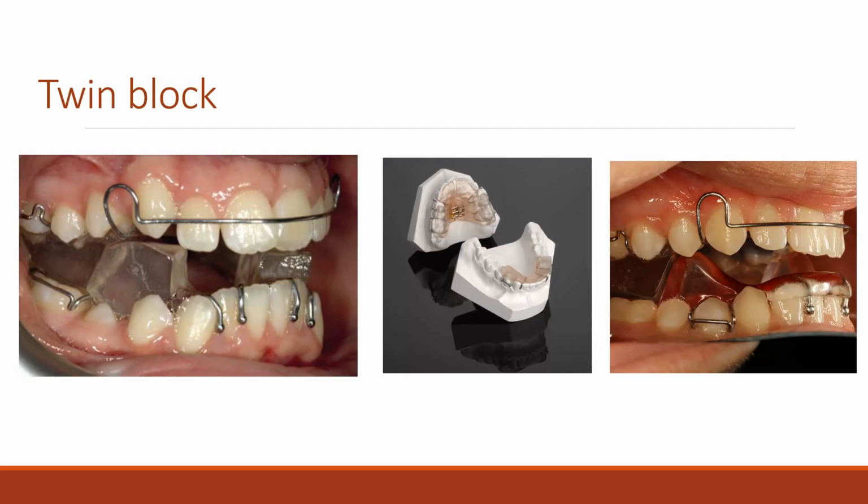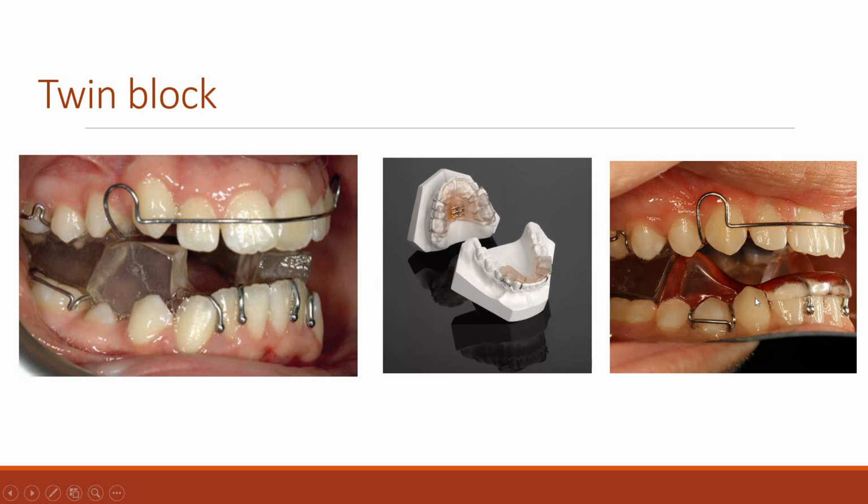Twin blocks are also very popular among orthodontic specialists. William Clark originally described the twin block appliance, which is unusual in consisting of separate upper and lower removable appliances that work in unison. Each appliance incorporates a set of bite blocks that in occlusion posture the mandible forwards.